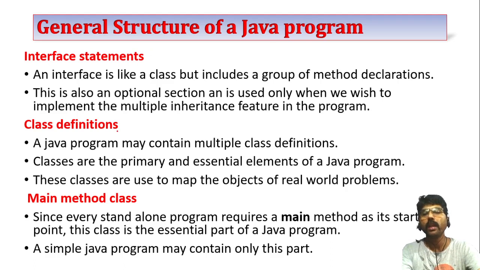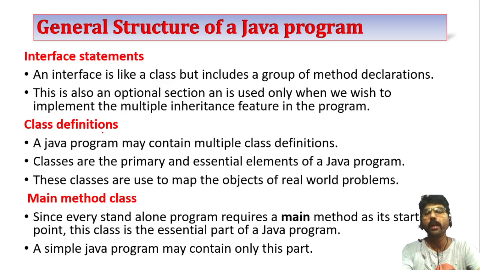Next one is called class definition. Whenever I write a project or program, I need more than one class. Because whenever I write a program, I have to create many different objects, use those objects' methods, and communicate with those objects to solve the problem.